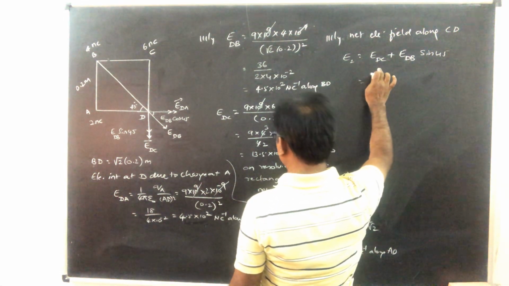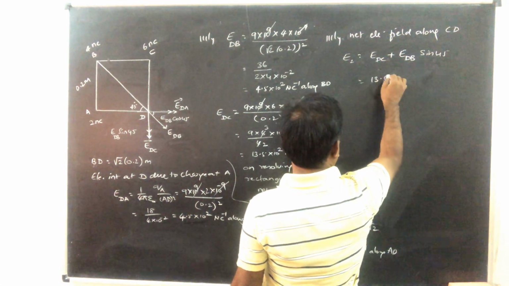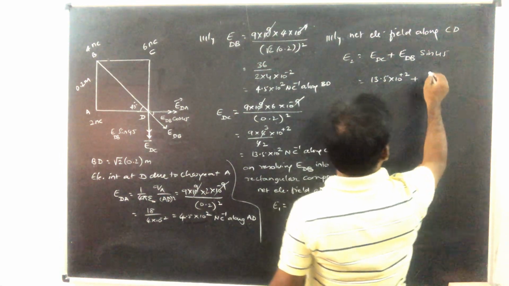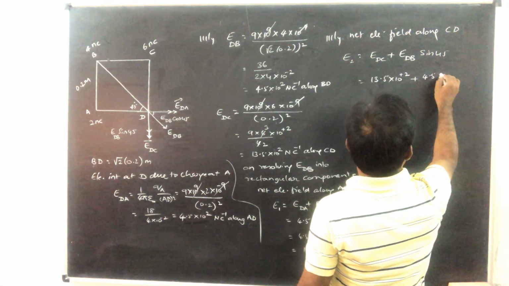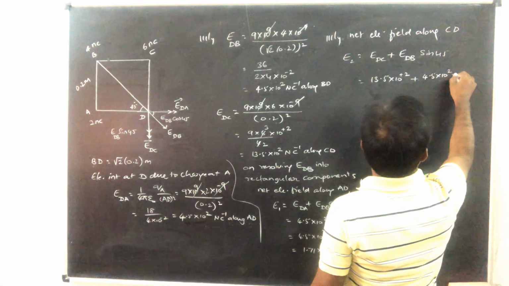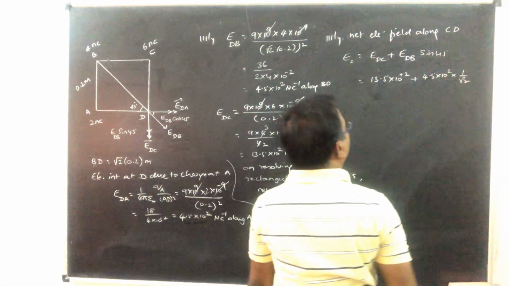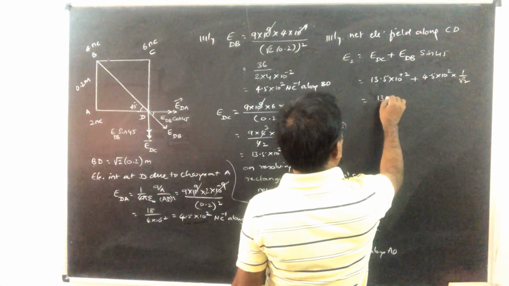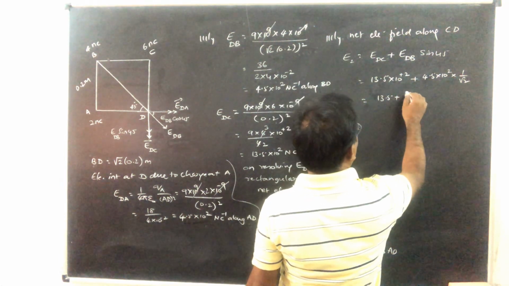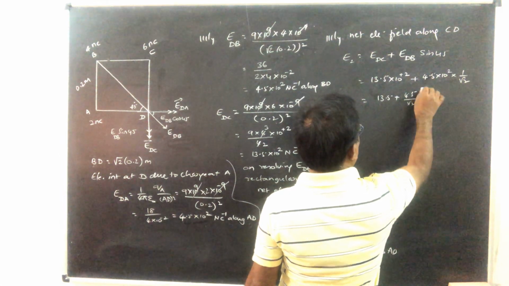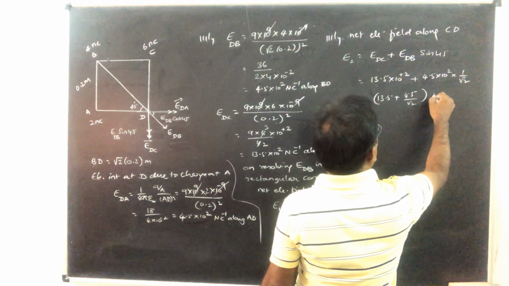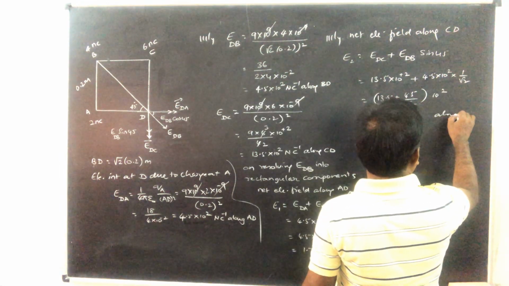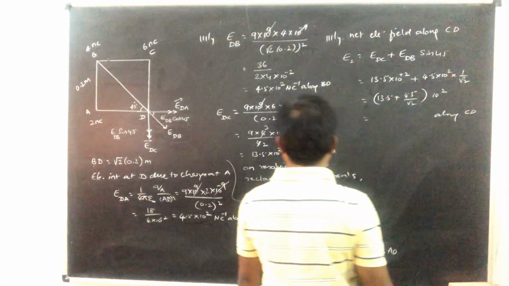So this EDC is 13.5 into 10 to the power of plus 2, and this is 4.5 into 10 to the power of plus 2 into 1 by root 2. So if I take this 10 to the power of 2 common, 13.5 plus 4.5 by root 2, into 10 to the power of 2, you find this value. So this will be along CD.